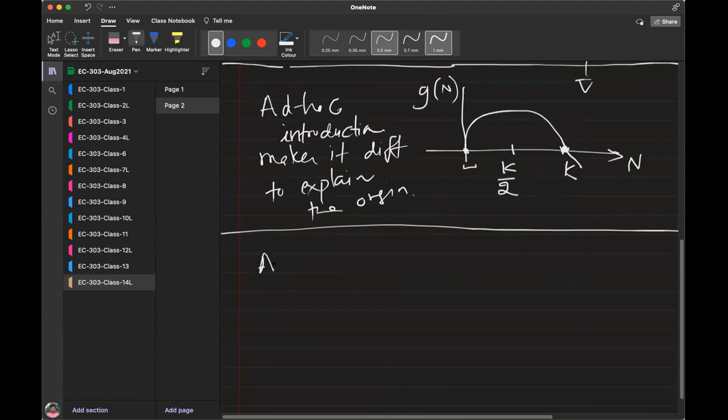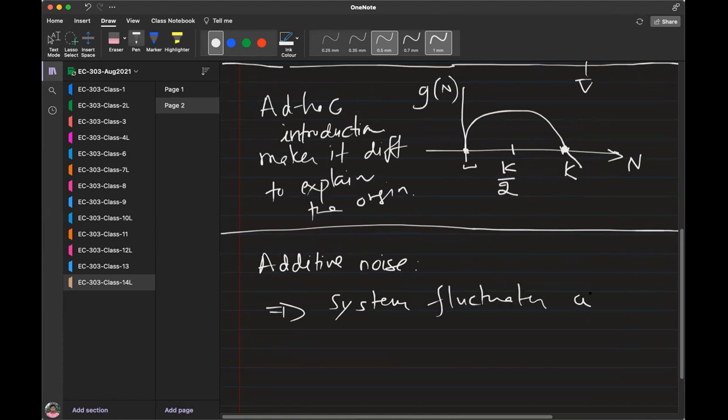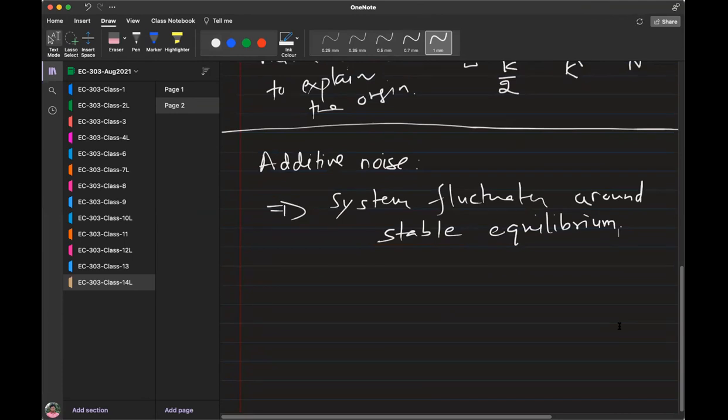If we had additive stochasticity, it implies that the system fluctuates around a stable equilibrium, and we were able to derive the properties of the fluctuation and the properties of correlations around the equilibrium.